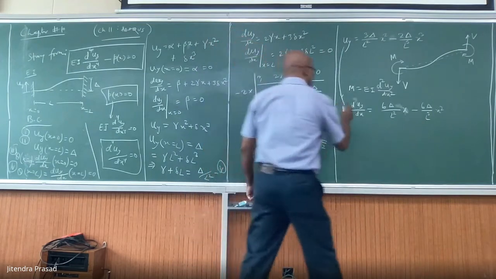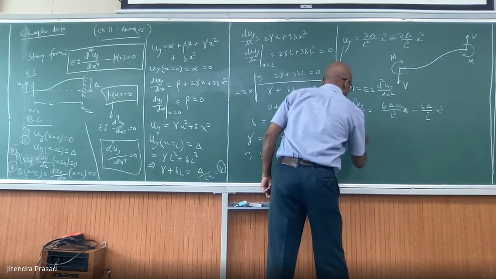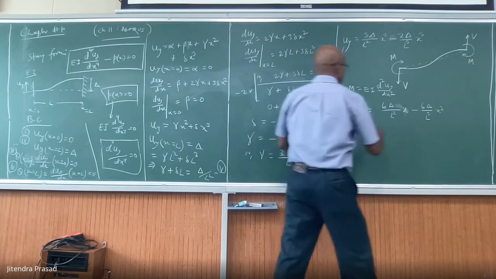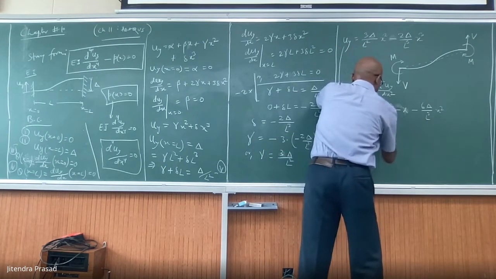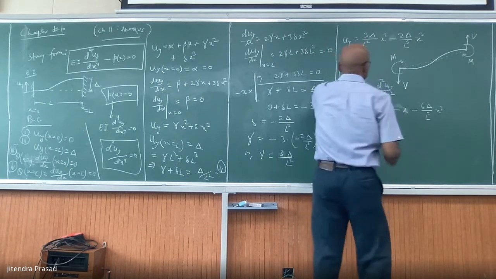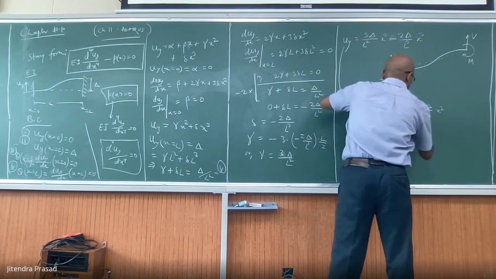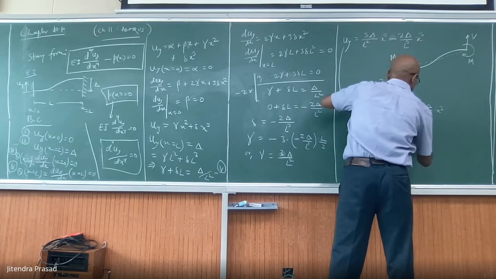Okay, now next, d square uy over dx square is equal to, how do you get here? You get 6 big delta over L square, right? And then you have minus 12 big delta over L cube x.